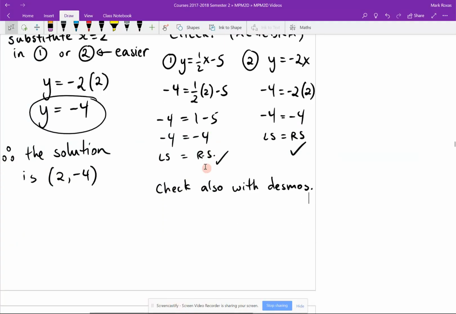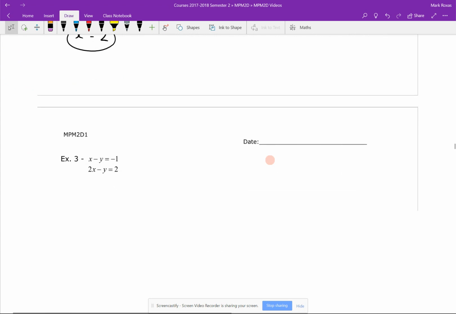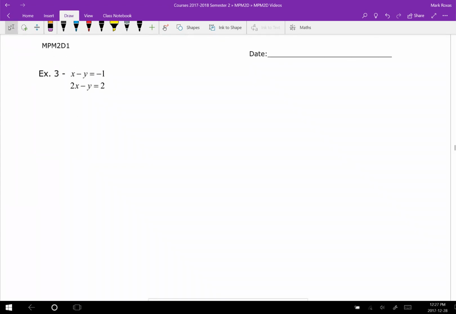Okay, let's have a look at another example. So x minus y equals negative 1, and 2x minus y equals 2. So here's the thing. The equations now don't have an isolated variable. Okay, I have to work now on isolating the variables.